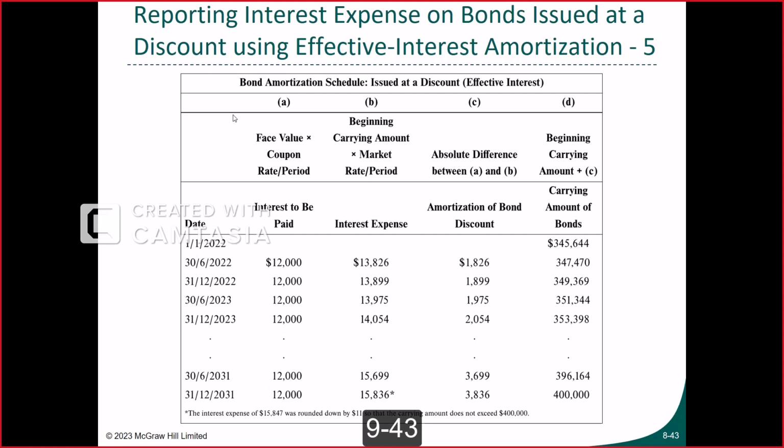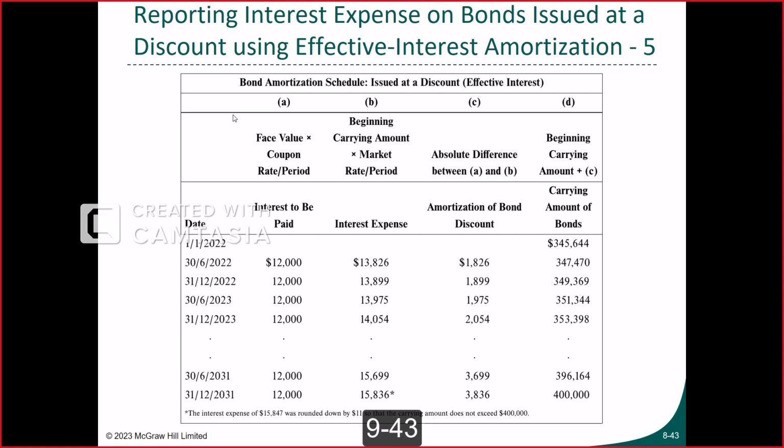However, what is increasing is the book value or the carrying value of the bonds. We start with the issuance price, and then that will keep increasing progressively every year by the difference between the interest to be paid, the cash amount of interest, and the interest expense. That difference will increase progressively. That is the amortization of that discount.